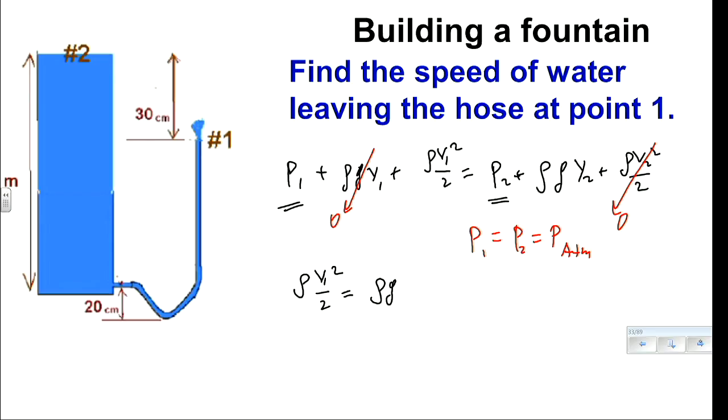equals this. Turns out, even the type of liquid in this situation doesn't matter. We can calculate the speed using this equation. And this is actually not a new equation to us. If I release a ball and it travels 30 centimeters, that will be the speed of that ball.